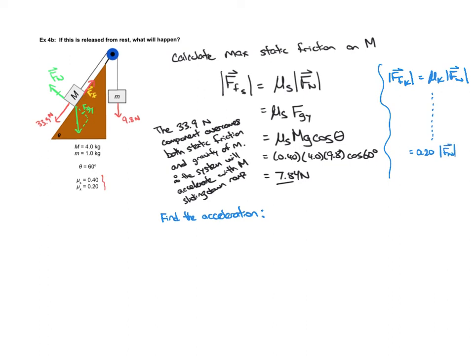So I'm just going to look to the left there and realize that, well, these are nice numbers they give us. 0.20 is actually just half as much as 0.40. So when I do all the work, my answer is just going to end up being half of 7.84. So I'm just going to take that shortcut. I'll just divide that by 2, giving me 3.92 newtons. Okay, so that'll be the amount of kinetic friction.